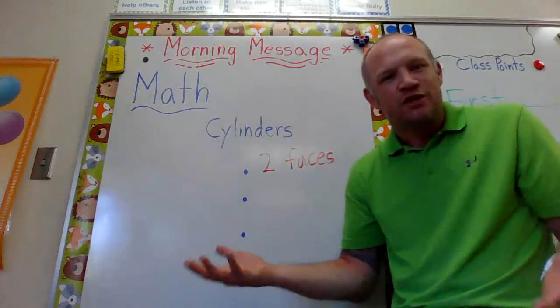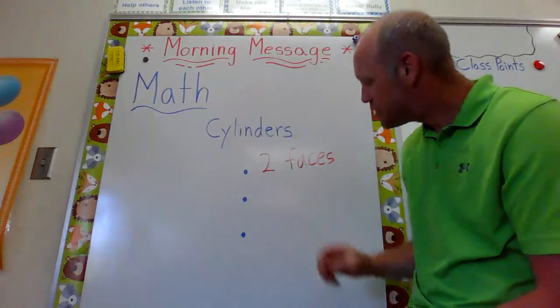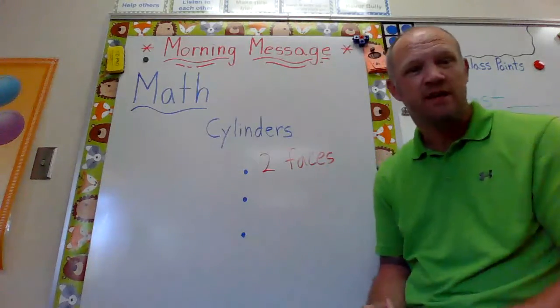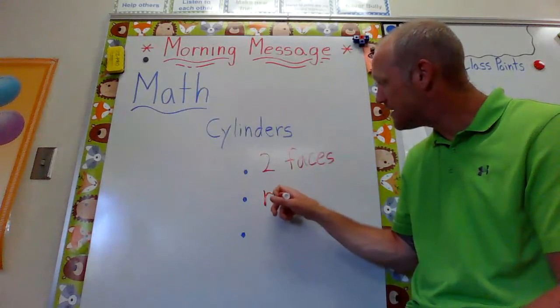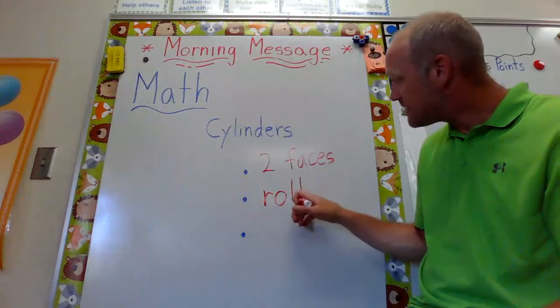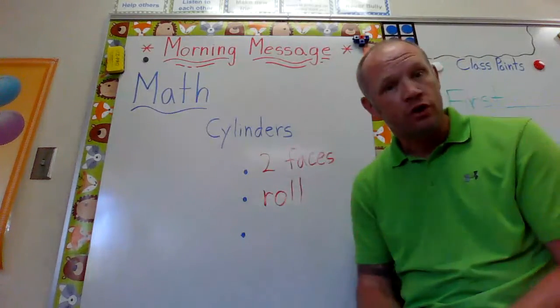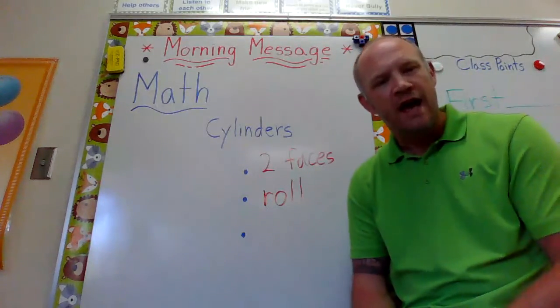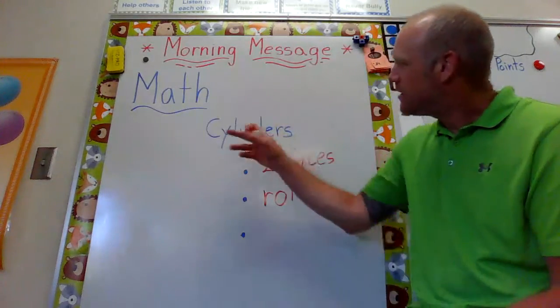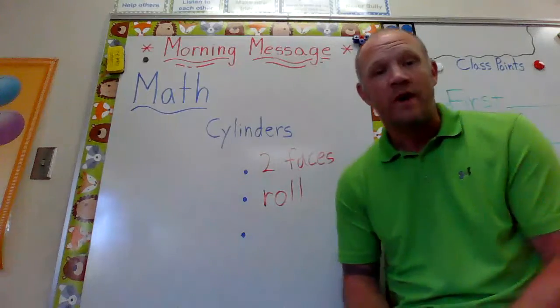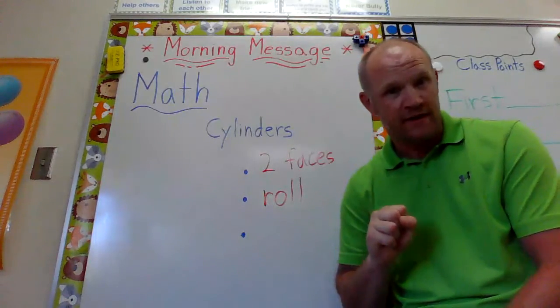So boys and girls, it does 2 different things. It has 2 faces, so it's flat and it can stay still, but it also can roll, can't it? Because it has curved sides. So it could roll or it could stay flat. But your cylinders always have 2 faces.